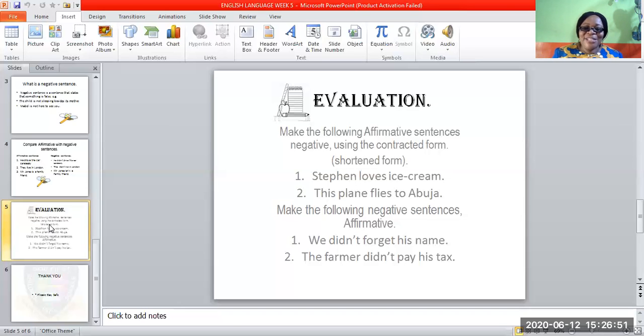Now, let's make the following negative sentences affirmative. And what do we have? First negative sentence, we have, we didn't forget his name. Affirmative, remember affirmative is positive.